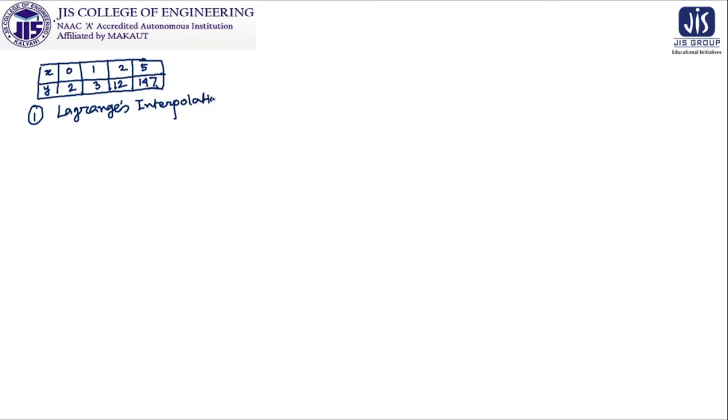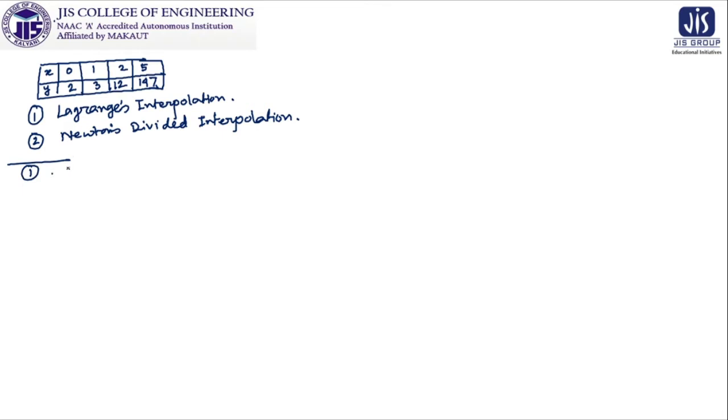So we are going to find out the interpolating polynomial based on this data set in two ways. One is Lagrange's interpolation and another one is Newton's divided interpolation. So first we are starting with 1.